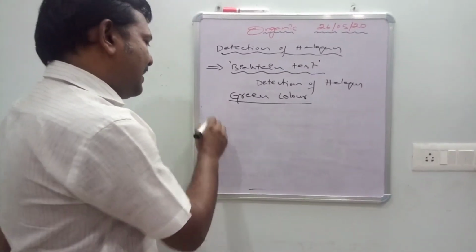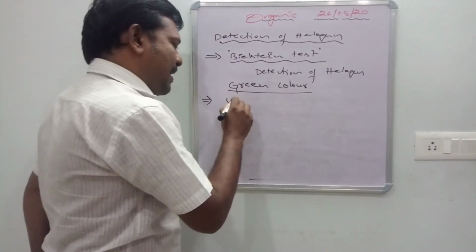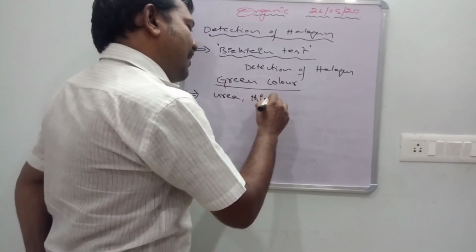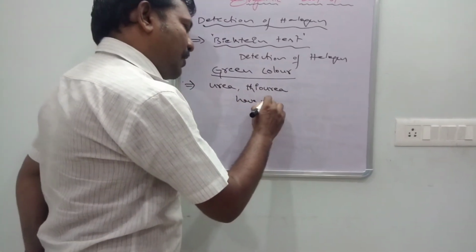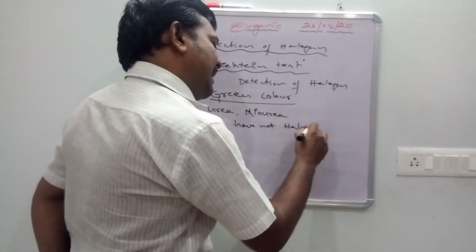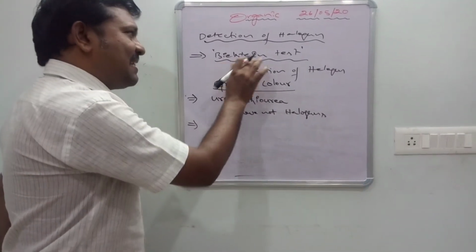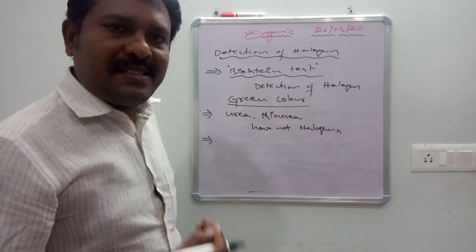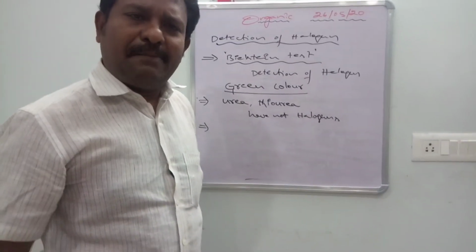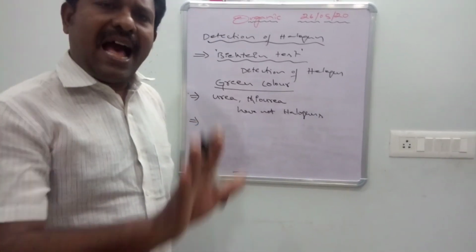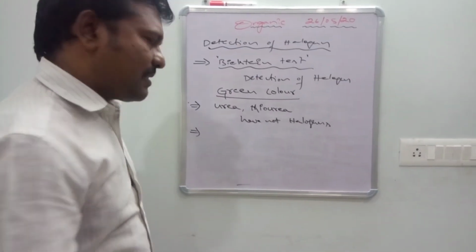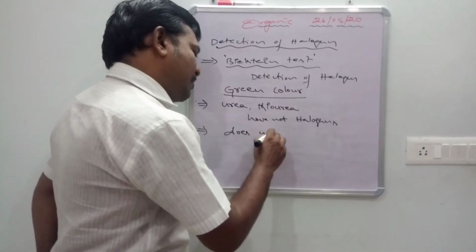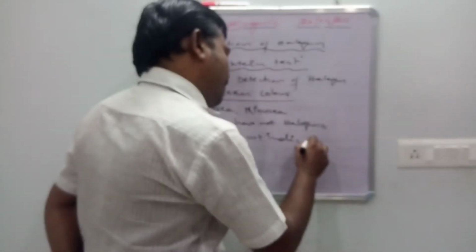However, the drawbacks are: the Beilstein test is given by urea and thiourea as well, but both do not have halogen, yet they give the Beilstein test. That is one of the drawbacks. And one more drawback: the Beilstein test says there is halogen, but it does not express which type of halogen is present. It may be chlorine, bromine, iodine, but it does not explain the nature of halogen.